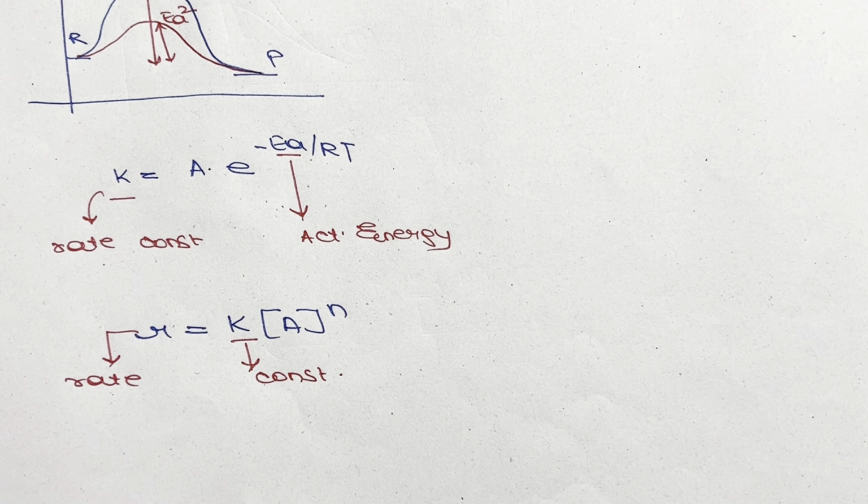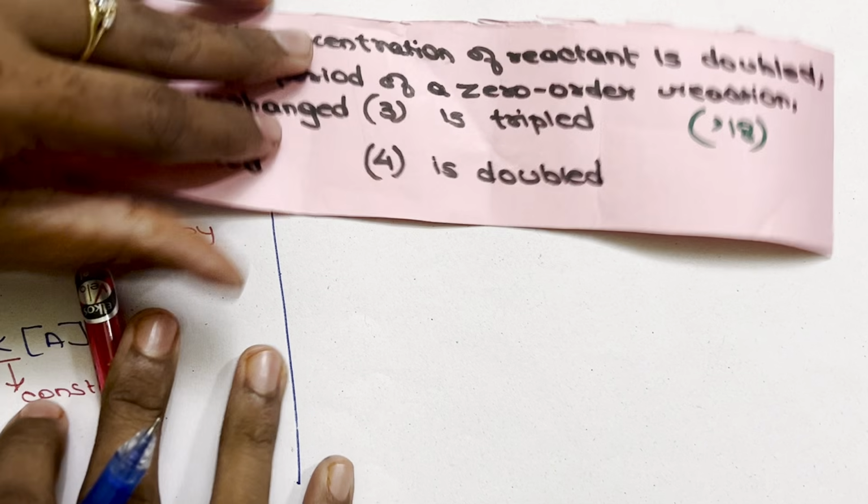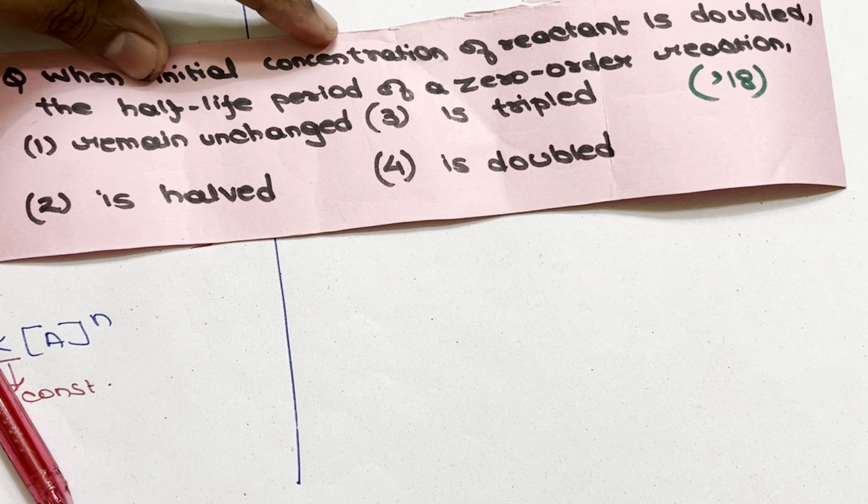Now the next question, from 2018. When the initial concentration of reactant is doubled, the half-life period of a zero order reaction is what?